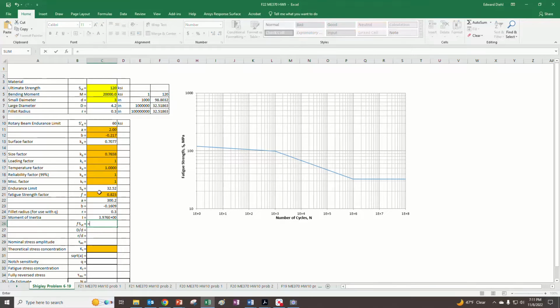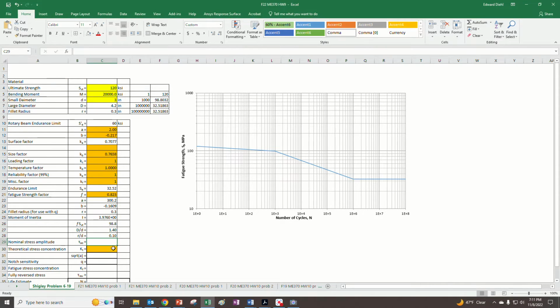I guess I'll put it there. That times, oh no, I do. I guess I do need it. That times Sut. Boom. And D over d, well, that's actually already done for us. D over d, yeah, 1.4. And then r over d. It's kind of silly to have them there. r over d, that's right.